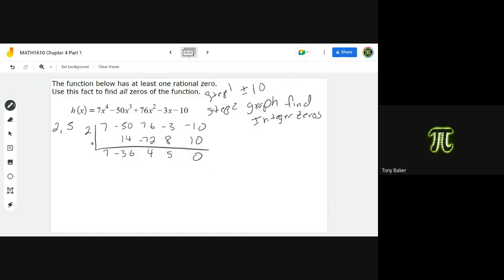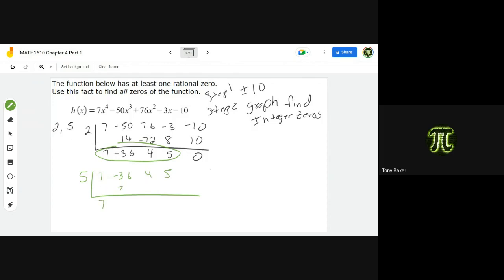Because that's important, because now I'm going to actually use these numbers right there. I'm not even going to work it out into the function. I'm just going to pull them directly into my next synthetic division. So my next synthetic division is going to be 5 and 7, negative 36, 4, and 5.